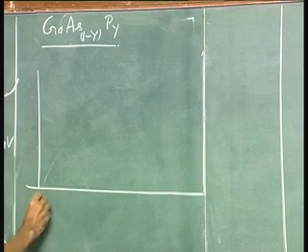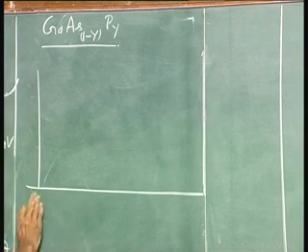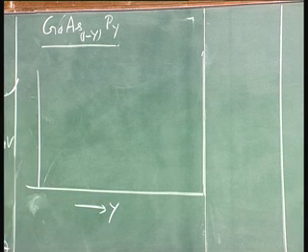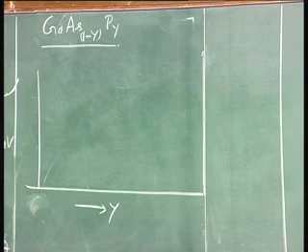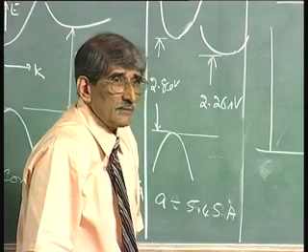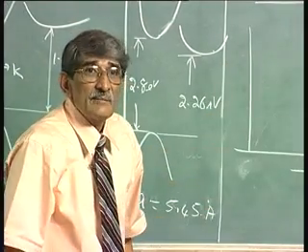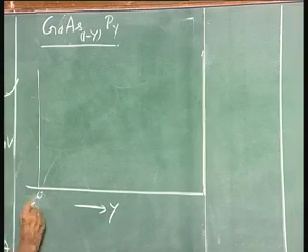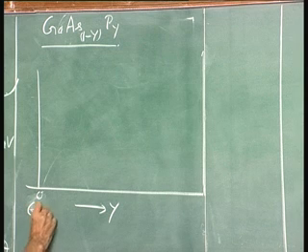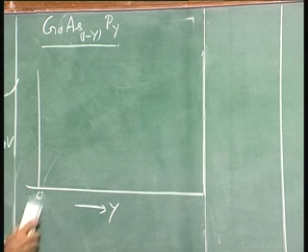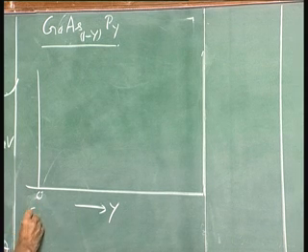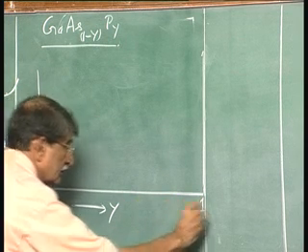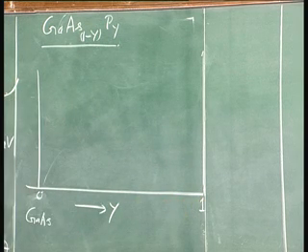Now, let us put that diagram here. On this side I have gallium arsenide, and I will vary Y. When Y is equal to 0, that material is gallium arsenide. Then when Y is equal to 1, that is gallium phosphide.